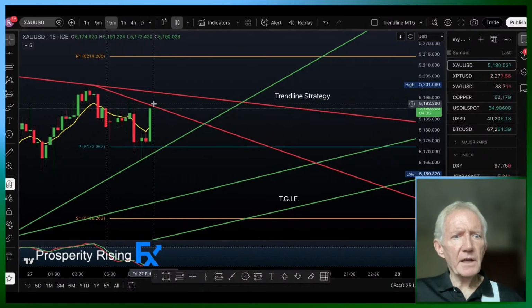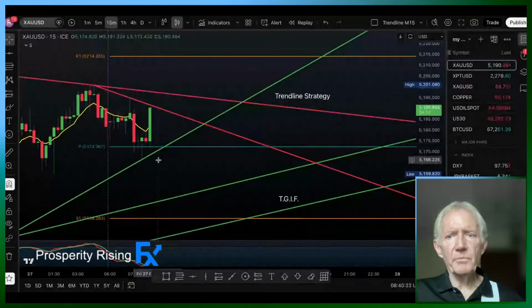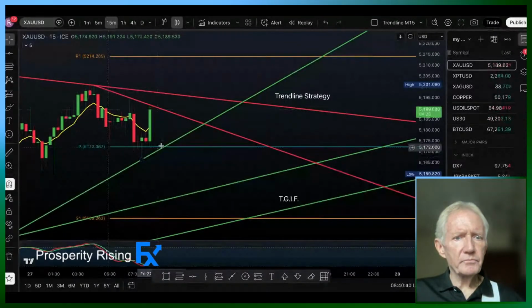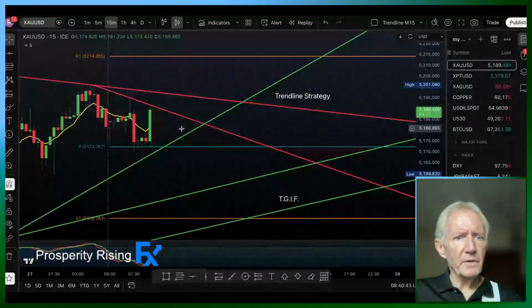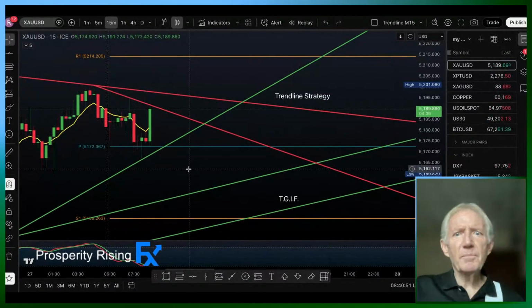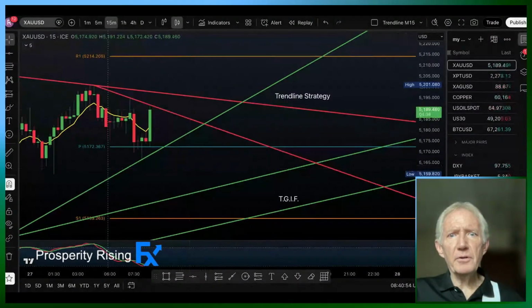I go long, put my stop loss below the green upward trend line. That would be the safety line. It's a big stop loss though. I would rather that it was over in this area here before it does that, but you can't force the trade. You can't force the market to do what you want it to do. Although a lot of retail traders try to do that.